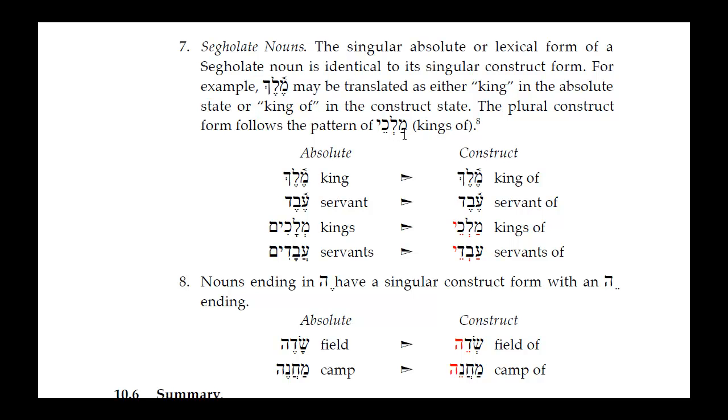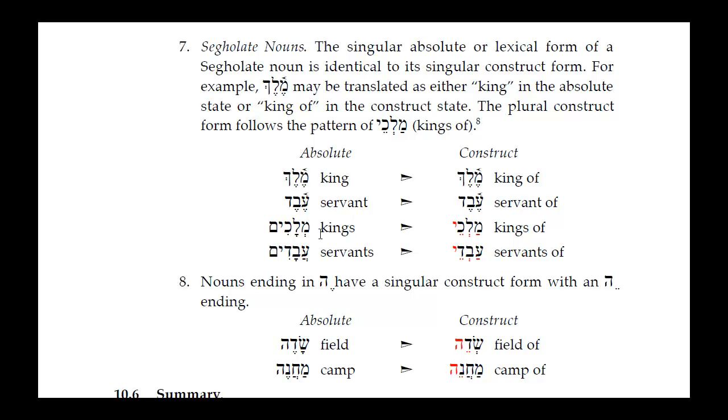Here you have the patach and the non-vocal shewa under your second consonant, and then you have the tsere yod, which we already learned is the ending for a masculine plural construct. So we have melech for king under the absolute, melech under the construct, so it could be either king or king of. Another example is eved, which could be either servant or servant of.